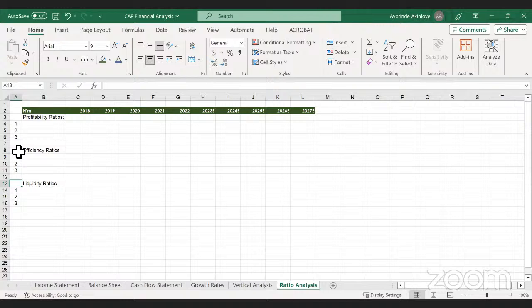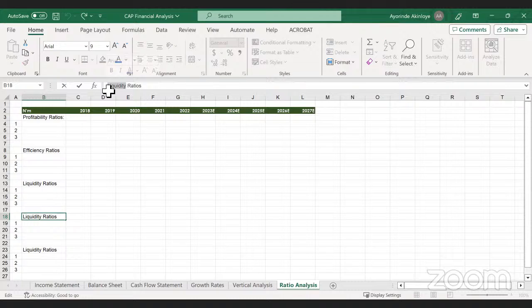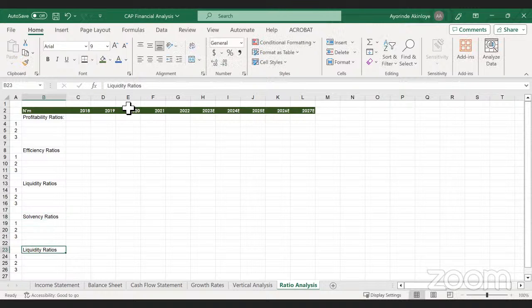Because I'm trying to save time, I can't cover everything. What's the other? Solvency ratios, and then coverage ratios. Coverage ratios are quite straightforward. I don't know if I should cover that, but let me just put coverage ratios.